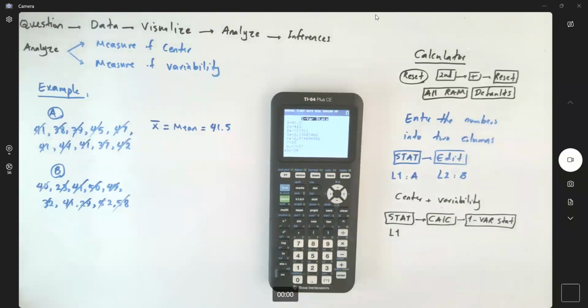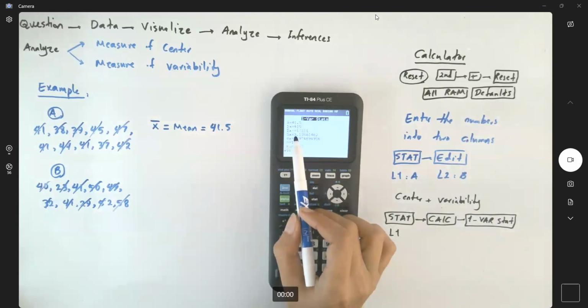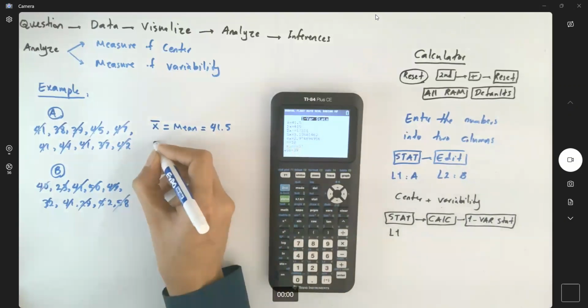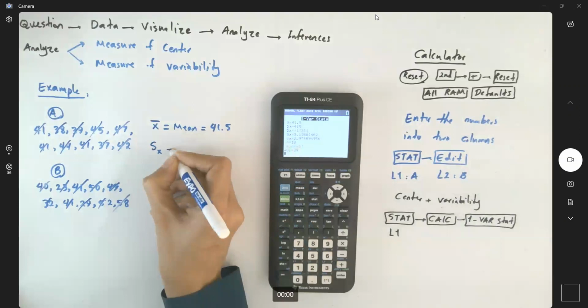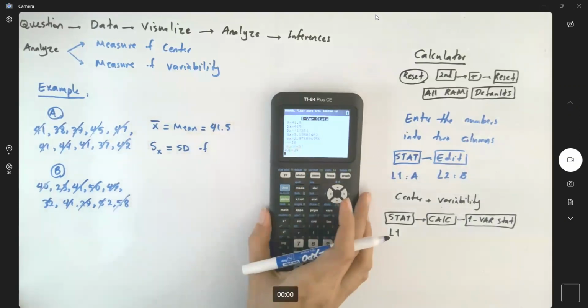So if your data is a sample taken from a population, you're going to use S sub X. So S sub X is the standard deviation of sample.